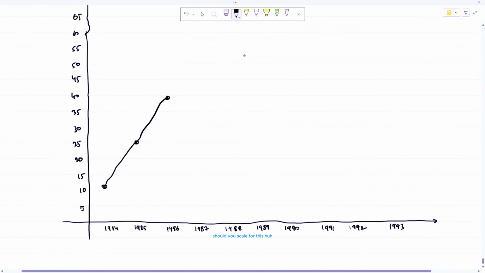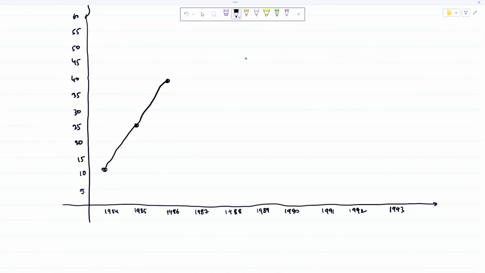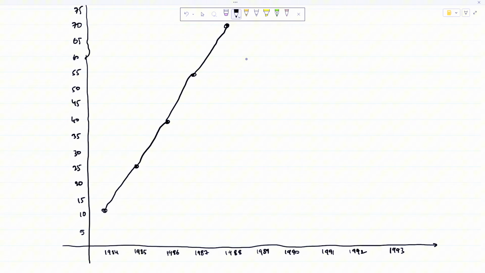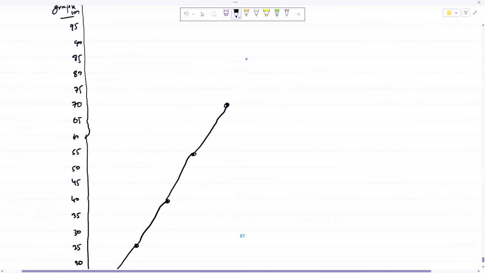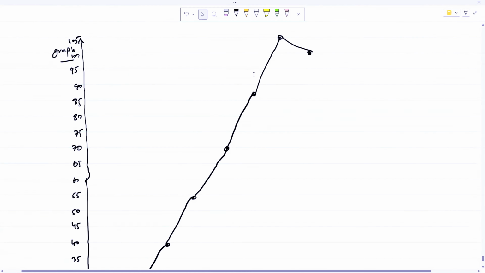Should use scale for this. 54, 70, 87, 105, 100, 82, 65.